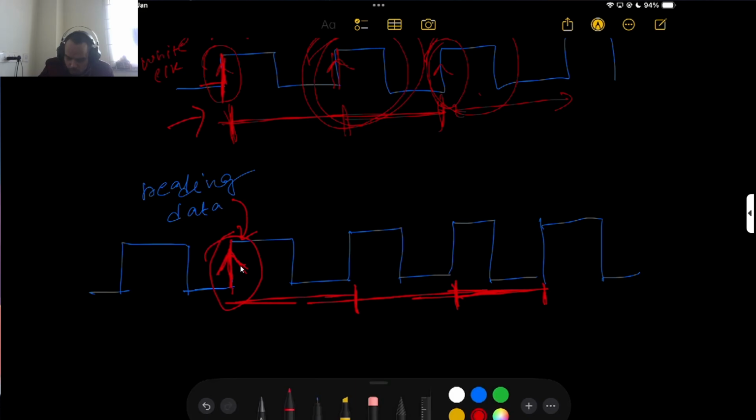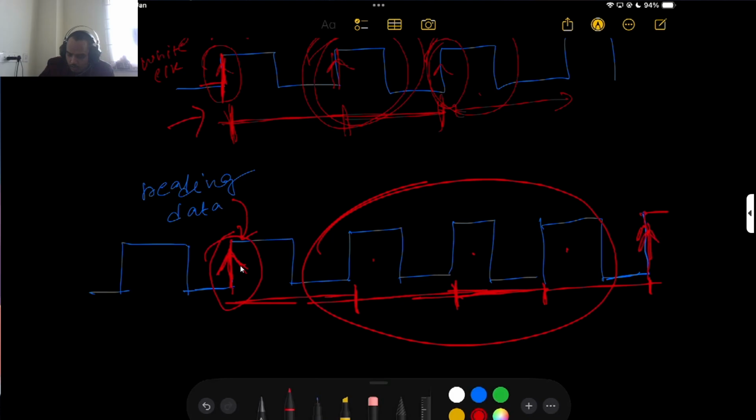So we need 3 cycles, and an extra cycle is also required. Up to this point, 1, 2, 3, my data will not be read. In this period, when the positive edge clock comes, my data will be read.